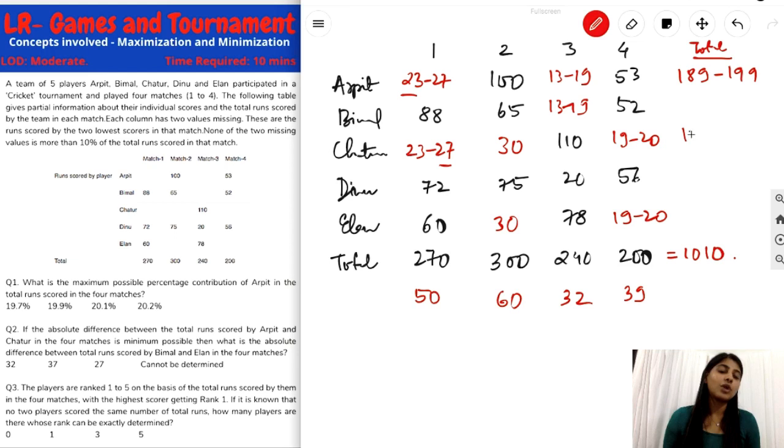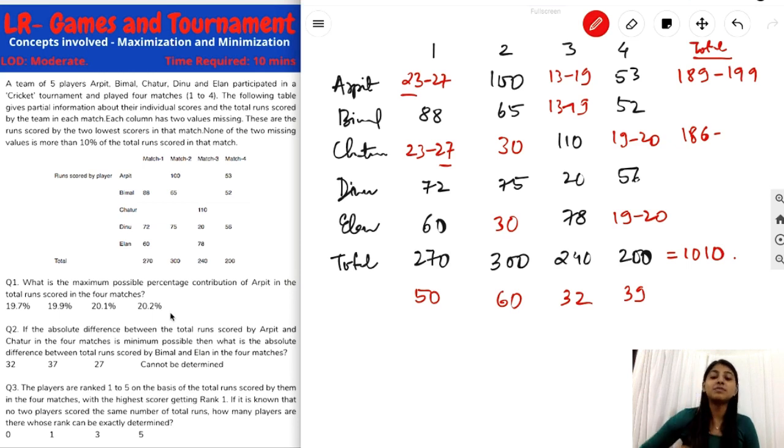So it is 186, or what can we take? If we take 23 for Chatur, what is the total we are going to get? So we need to consider both totals and try to take the absolute difference between Arpit and Chatur in all the matches. And that is what we have to take as minimum.